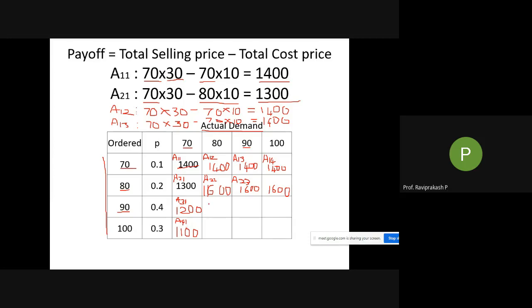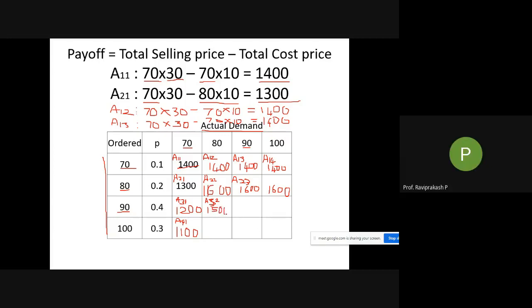Okay, so similarly, what will be the value of A32? 1500. Why 1500? What is the breakup? The demand is 80, so 80 into 30 and 90 into 10. Yes, you are right. So what is the value here? 1500. Yes.